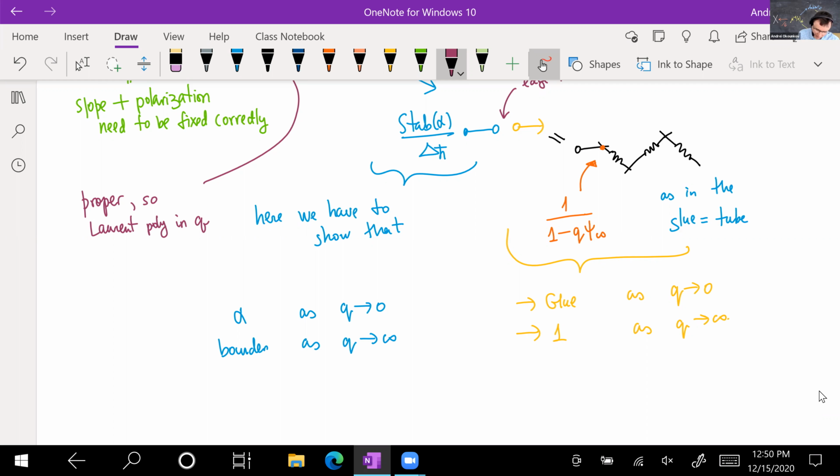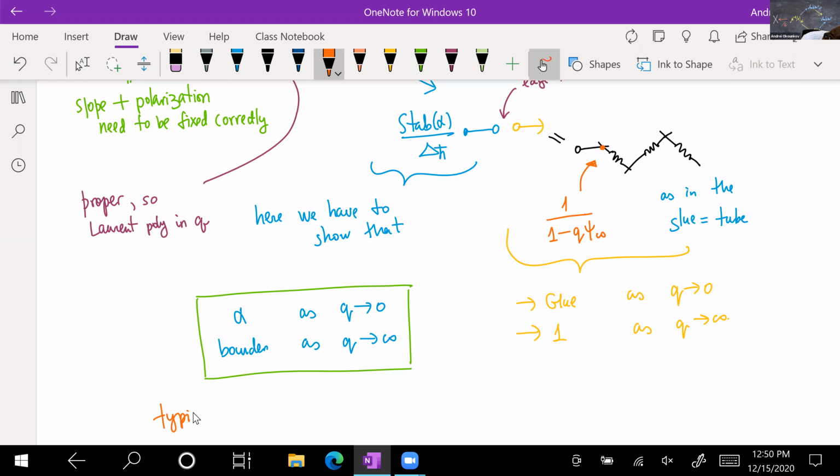And so that means we take this vertex with this descendant, and we have to show that it satisfies these conditions. And this is the crux of the argument. This is like a typical rigidity proof.